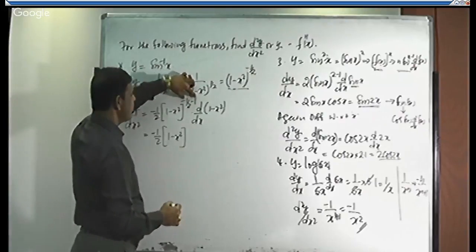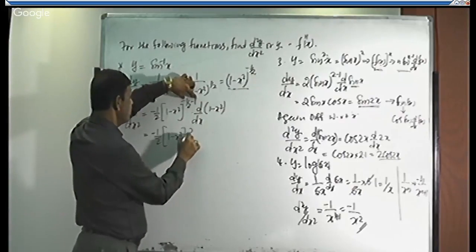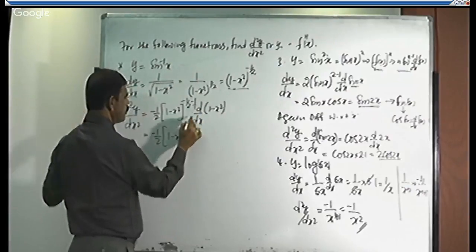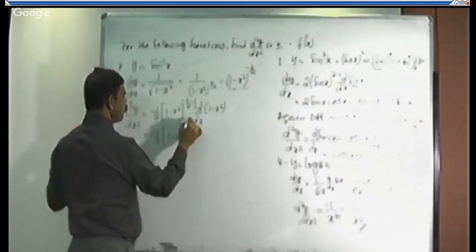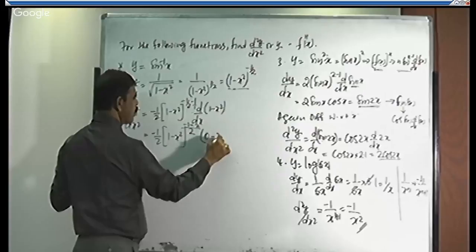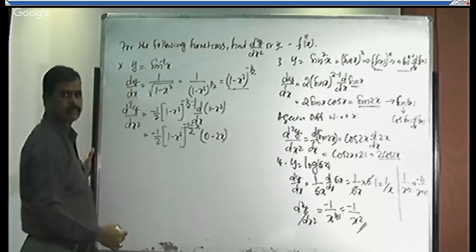It is simplified by taking LCM. What is LCM? 2 is LCM. Minus 1 minus 2 is minus 3 by 2, into differentiation of 1, which is 0, minus differentiation of x square, which is 2x. Right?